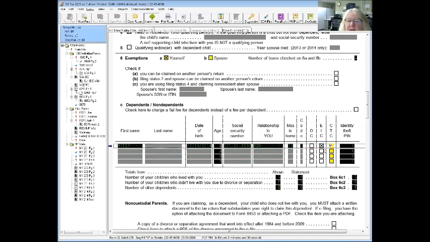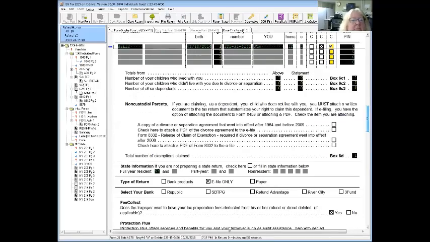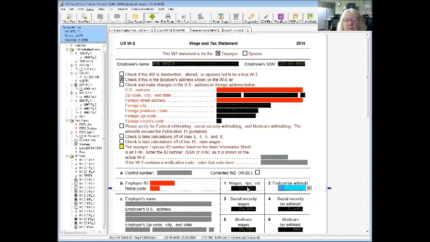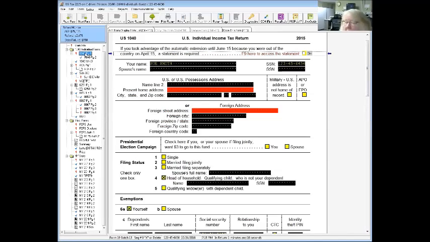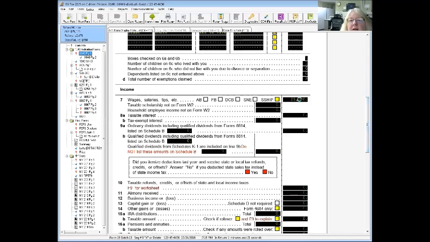And we always check the EIC box. All right, now let's give her some income. We'll say she makes $25,000. Okay, so just putting the 25,000 in, let's see the 1040.